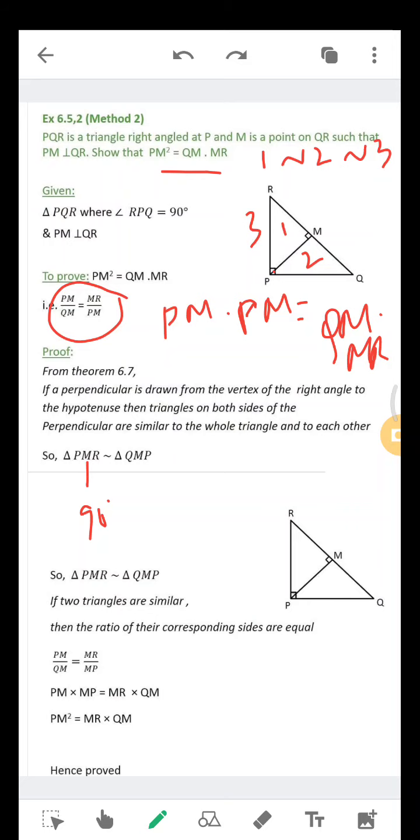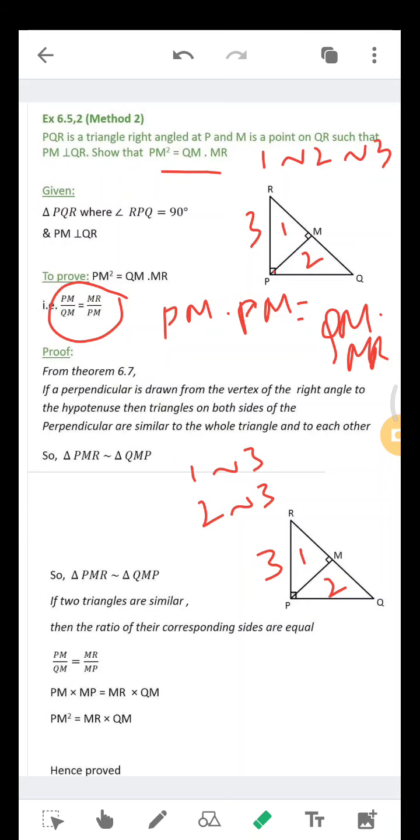First we prove 1 is similar to 3, then we prove 2 is similar to 3, then we say that 1, 2 and 3 all are similar. Or I can say 1 and 2 are also similar. That goes very long. If you go step by step, you can directly write that these two triangles are similar.